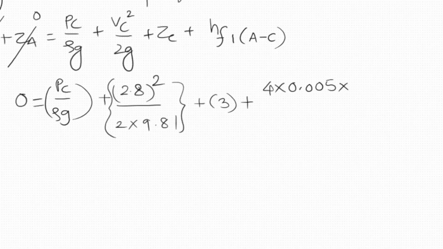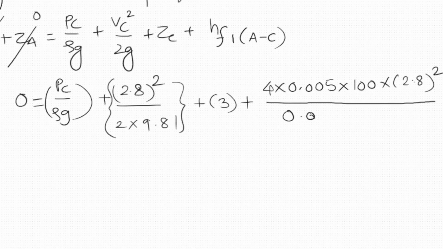The length of the pipe from A to C is given in the numerical, that is 100 meters, and the value of velocity we are using 2.8 square divided by the diameter is 0.2 and 2 into 9.81.